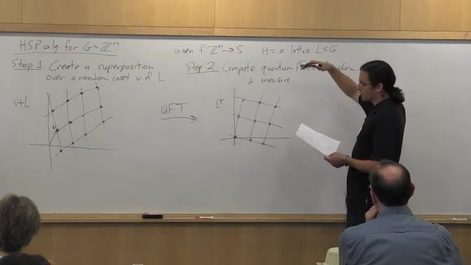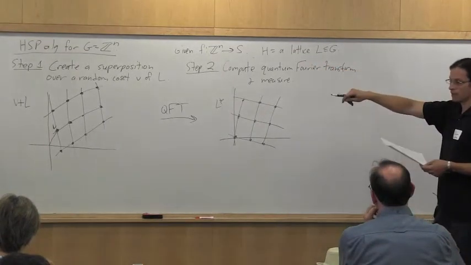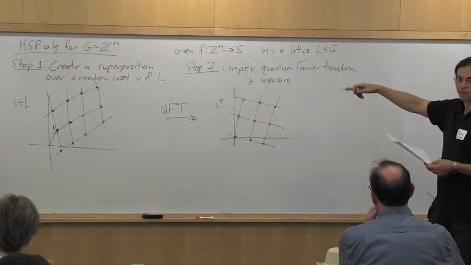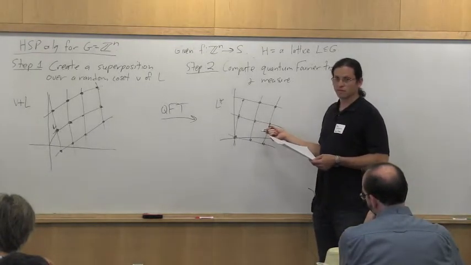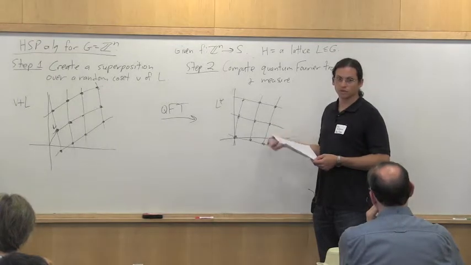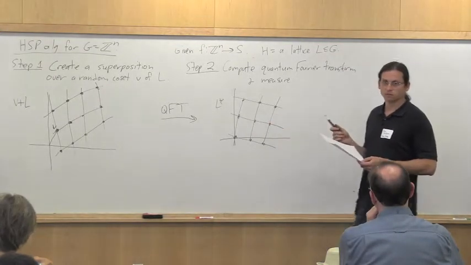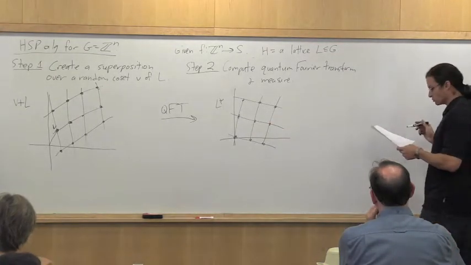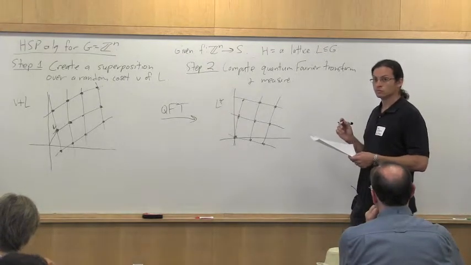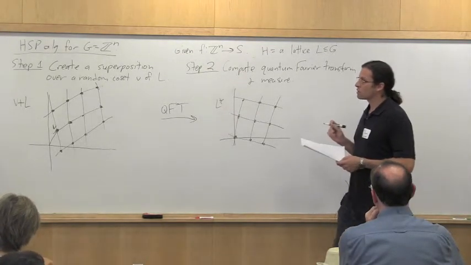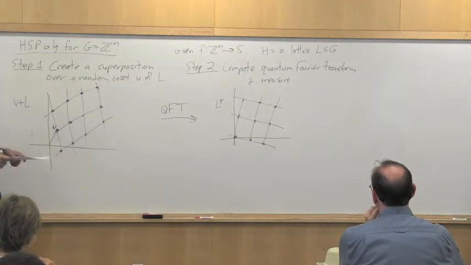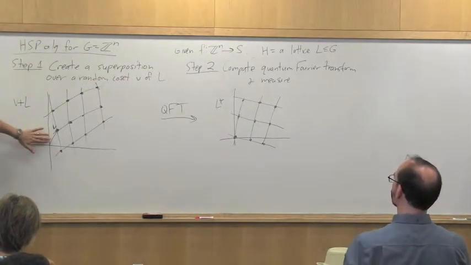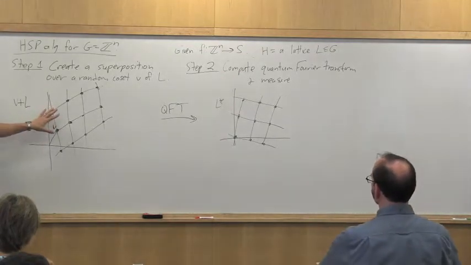And so to get L, our goal is to figure out what that lattice is, we would repeat this probably many times until we have a basis for the dual lattice. And then from the dual lattice, we compute the lattice. And that's the algorithm. Starting point, you're given the function. Using the function, you create a superposition on a random coset of the lattice.